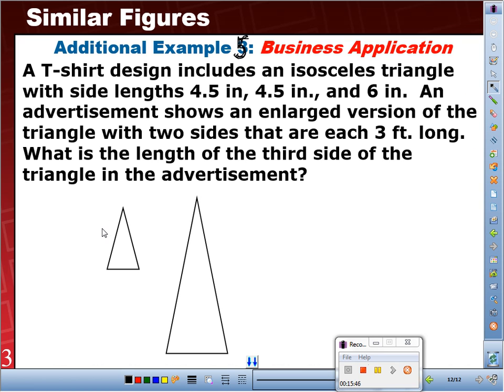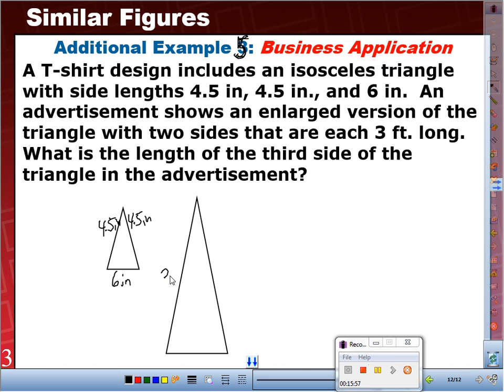So the sides are 4.5 inches, 4.5 inches, and the base is 6 inches. The new isosceles triangle is 3 feet, 3 feet. So which is the only side that we're missing? The bottom one. So let's make a proportion. What do I write for this one? 4.5 over 6 equals 3 over x. And you know how to solve this, right?